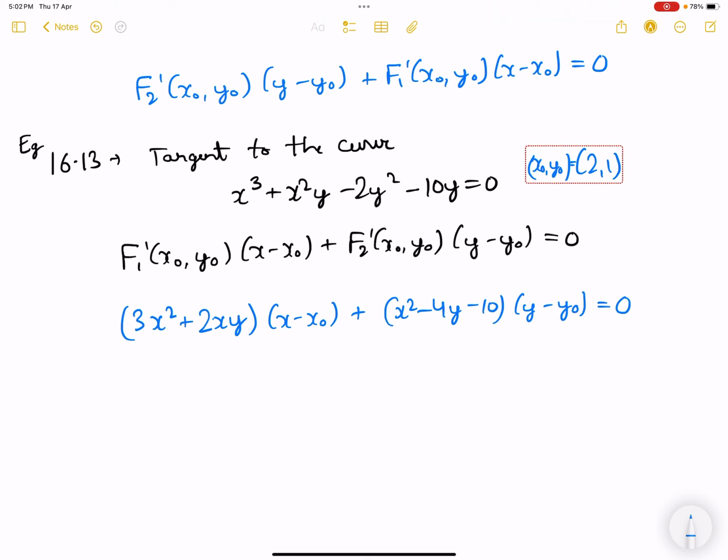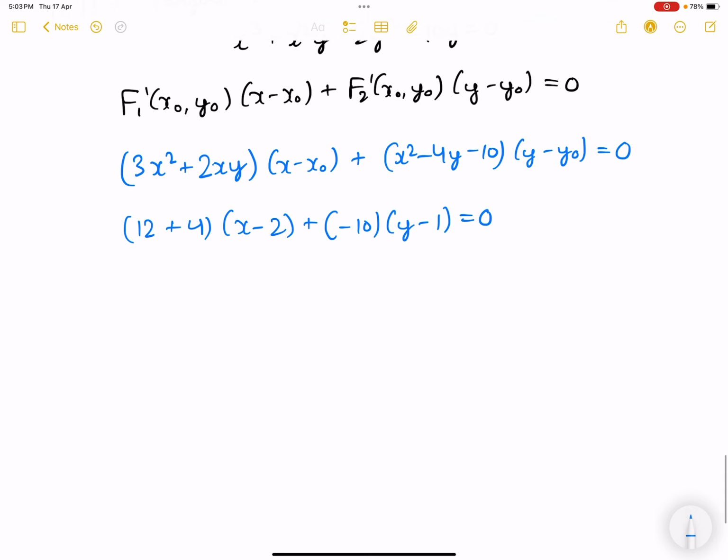X is 2, so this becomes 12 plus 4 times x minus 2, plus x squared is 4, minus 4 minus 10, times y minus 1 equals 0. So this is 16x minus 32 minus 10y plus 10 equals 0.